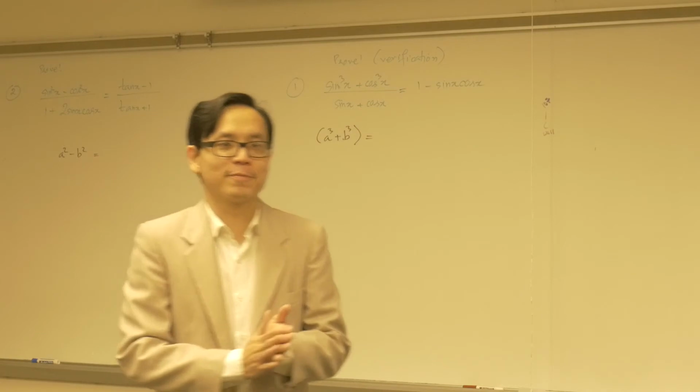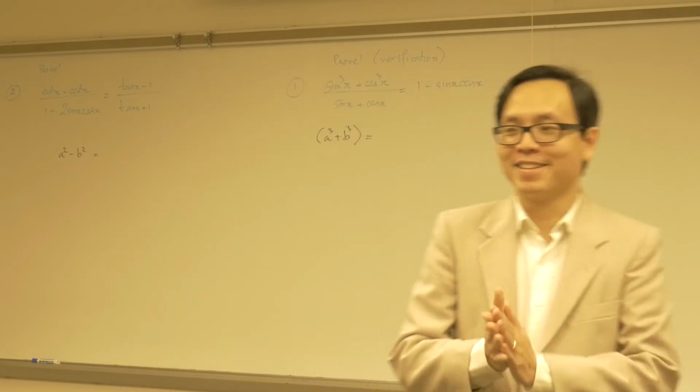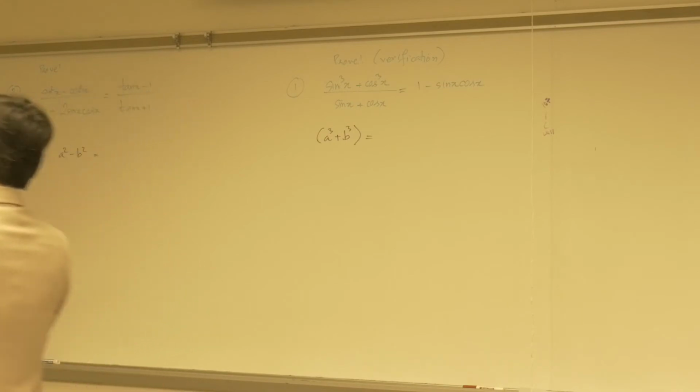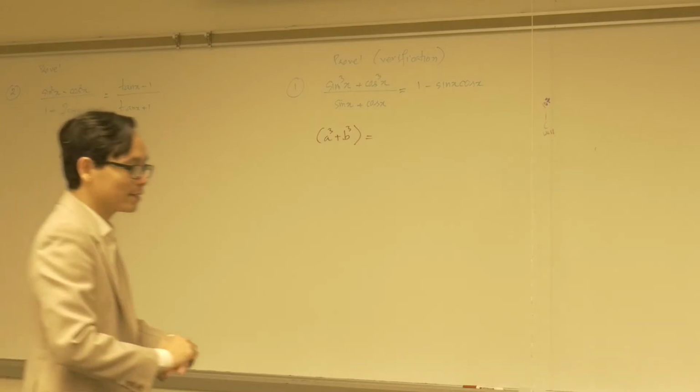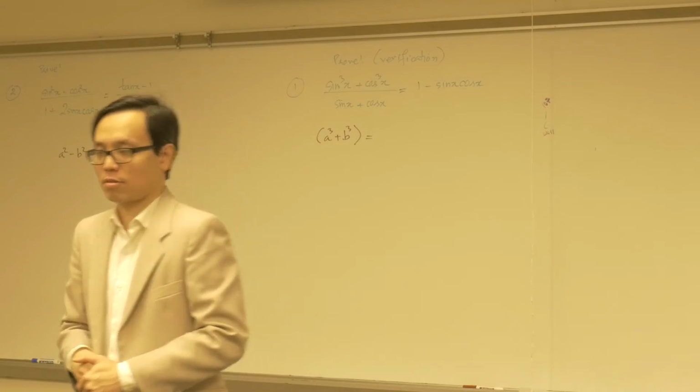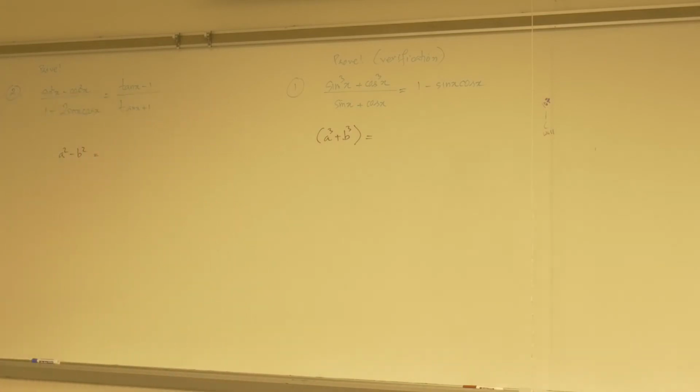Alright, ready? I guess we need to dot everything. Well, at least you have something to start with. And then you can simplify that to 1. You can simplify that to 1. Yeah, because sin x plus cosine x equals 1.